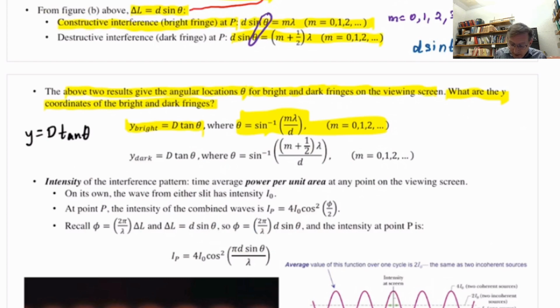If you want to know the y value for a dark fringe, again you use big D tan theta, but now you use little d sine theta equals (m plus a half) times lambda. Or theta is the inverse sine of (m plus a half) lambda all over little d. And this is how you can locate bright and dark fringes.